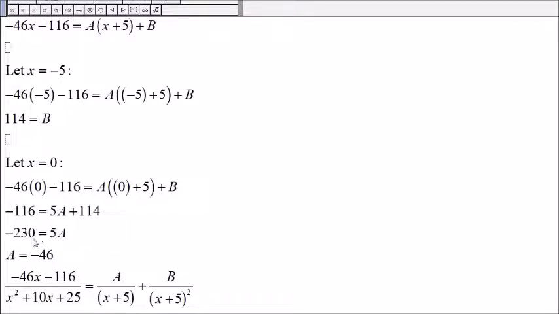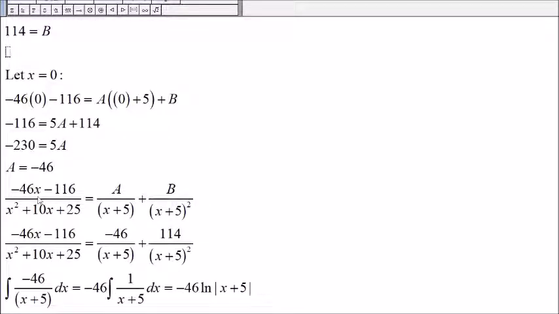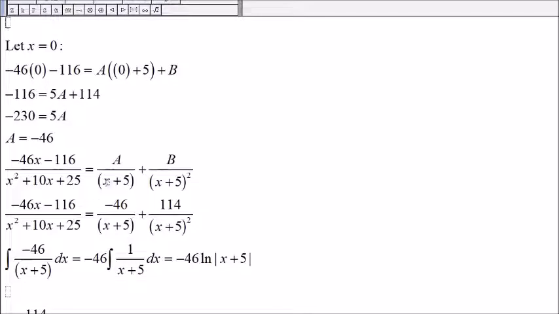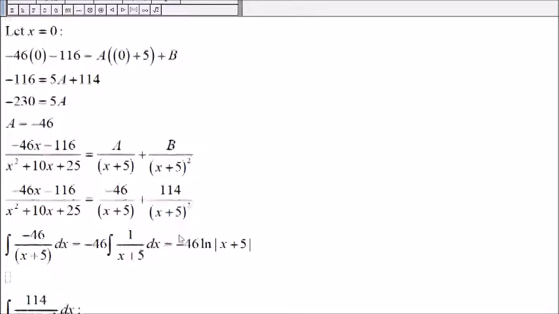And so we get a is negative 46. And so negative 46x minus 116 over x squared plus 10x plus 25 would be negative 46 over x plus 5, and b is 114, so it would be 114 over x plus 5 squared.